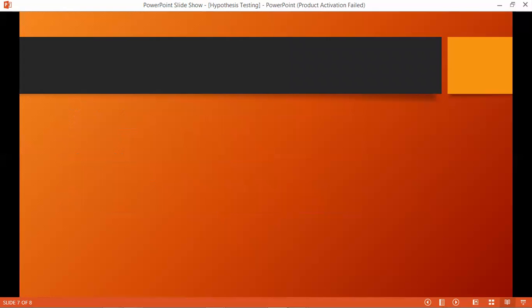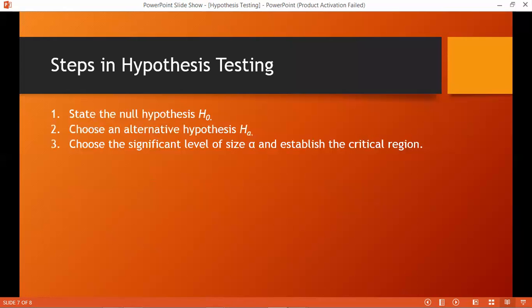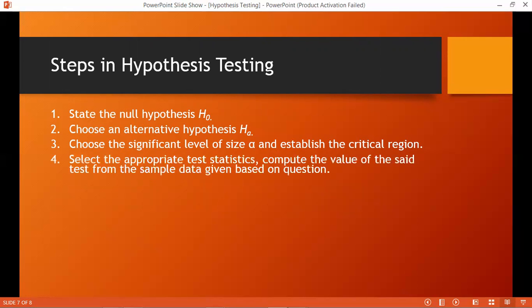Now, steps in hypothesis testing. First step is state the null hypothesis, that is your H sub O. Second, choose an alternative hypothesis, that is H sub A. Third, choose the significance level of size alpha and establish the critical region. Fourth, select the appropriate test statistic and compute the value of the said test from the sample data given based on the question.